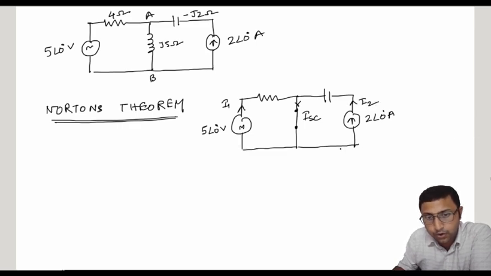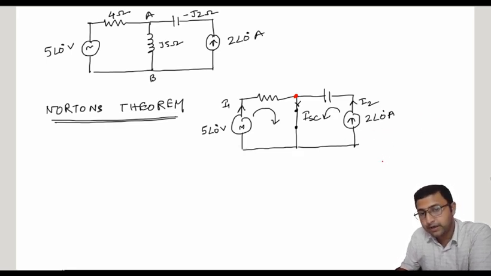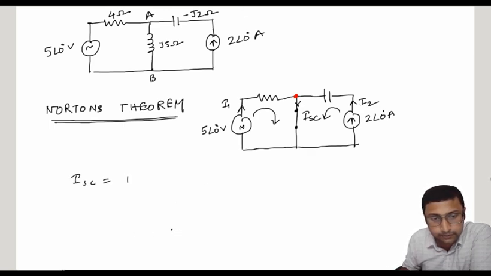The two currents flow through this path, so at this terminal the two currents I1 and I2 enter the short circuit path. So your short circuit current will be the summation of I1 plus I2.